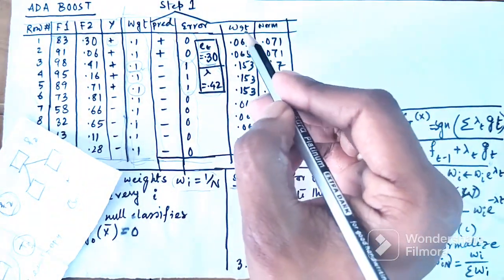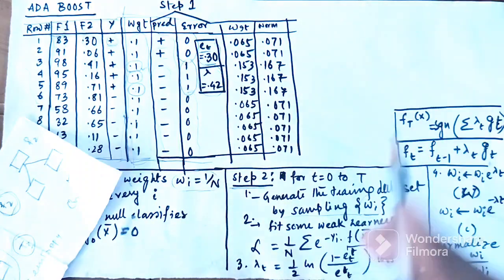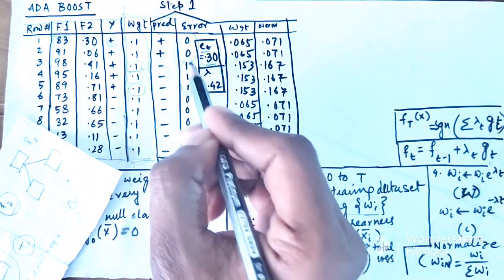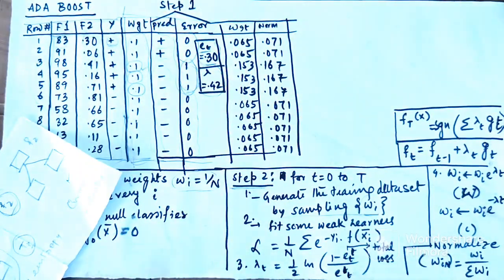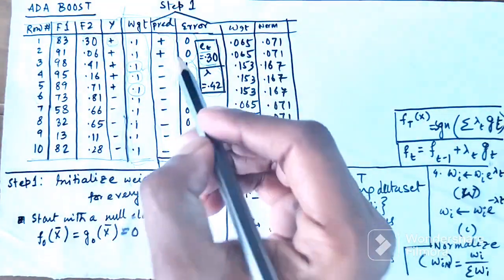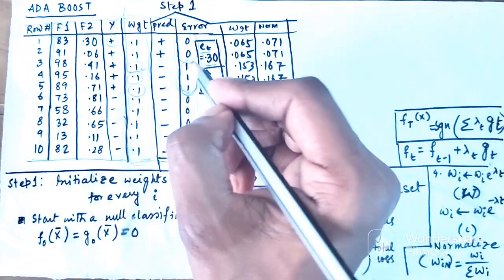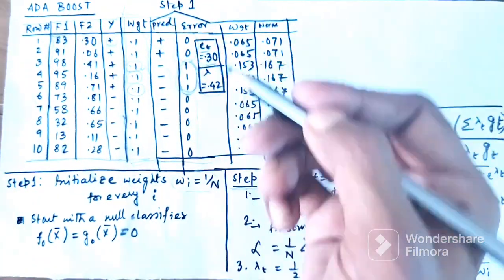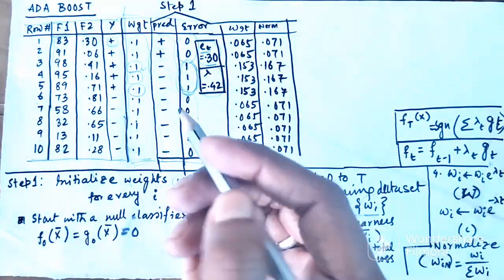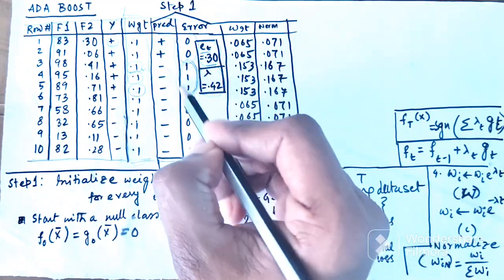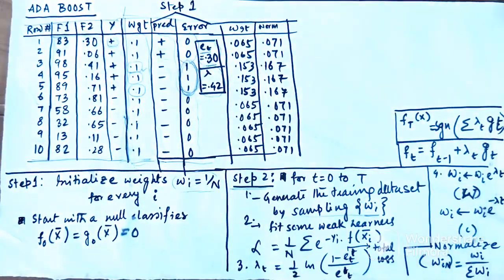Now, how can we get the next weight for the next iteration? Because these are the misclassified ones, in the next step we have to give more weightage to them. These are basically the weak learners, and that is our main intention.